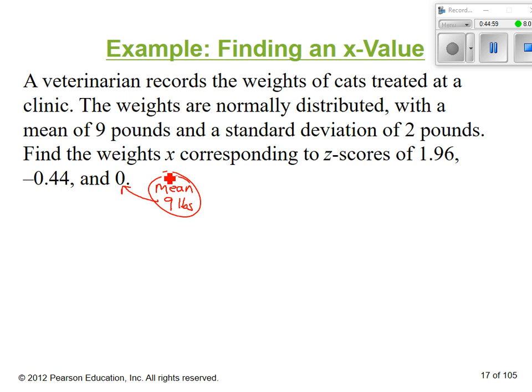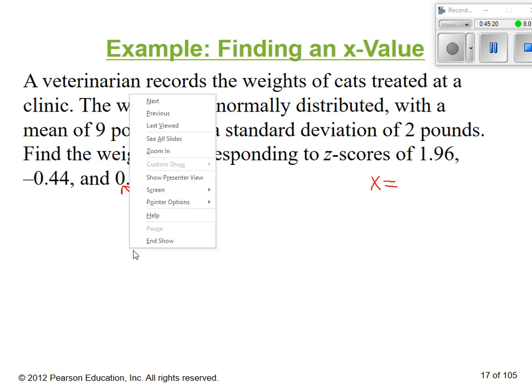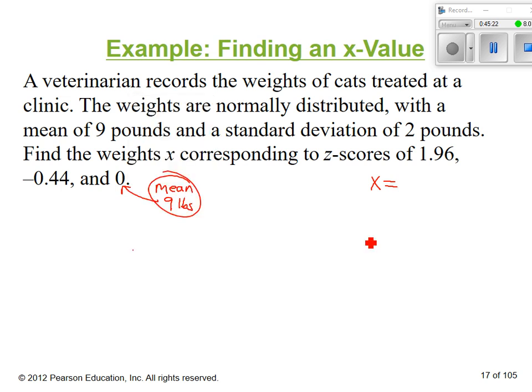For the 1.96, we want to change that into a raw score to find the cat's weight, then we just say our x equals, what was the formula again? So I don't have to go back. What is it, x to z? No, z to x, I'm sorry. We're starting with the z-score.